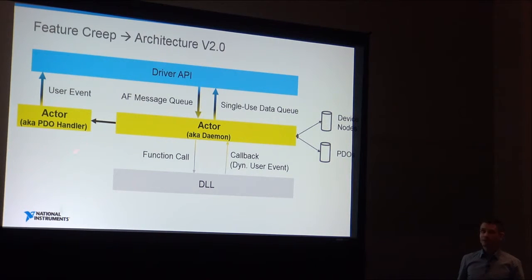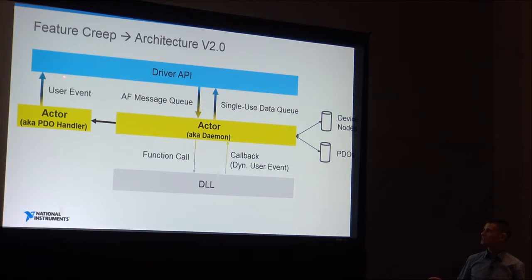I introduced another actor, extended the cast, who was taking care of the PDO handling. So the actor, the daemon, still receives the PDOs from the DLL, still keeps track of them, but he also forwards them with a message to this PDO handler actor.